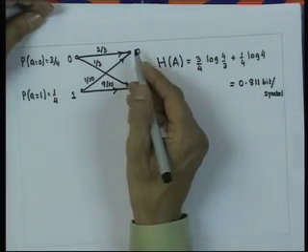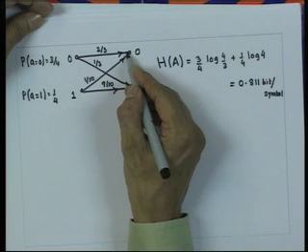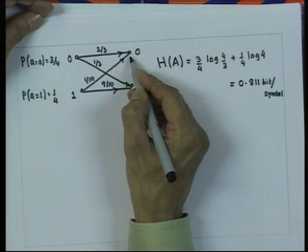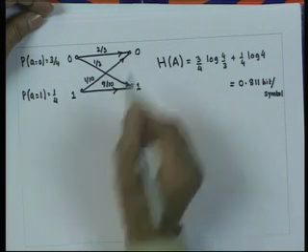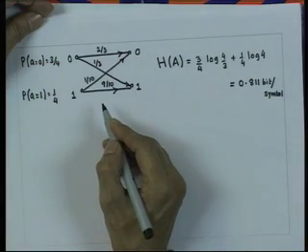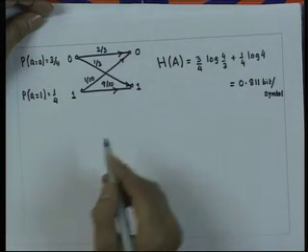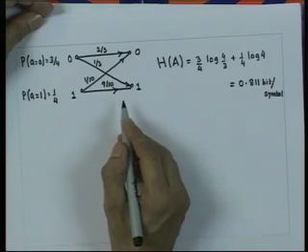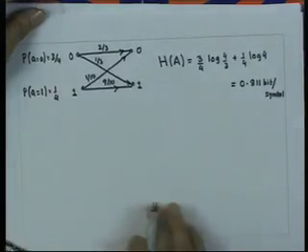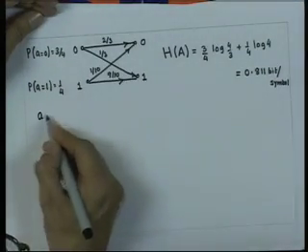If we receive the symbol 0 at the output of the channel, then using the a posteriori probabilities which we have calculated earlier, we can calculate the a posteriori entropy as follows.